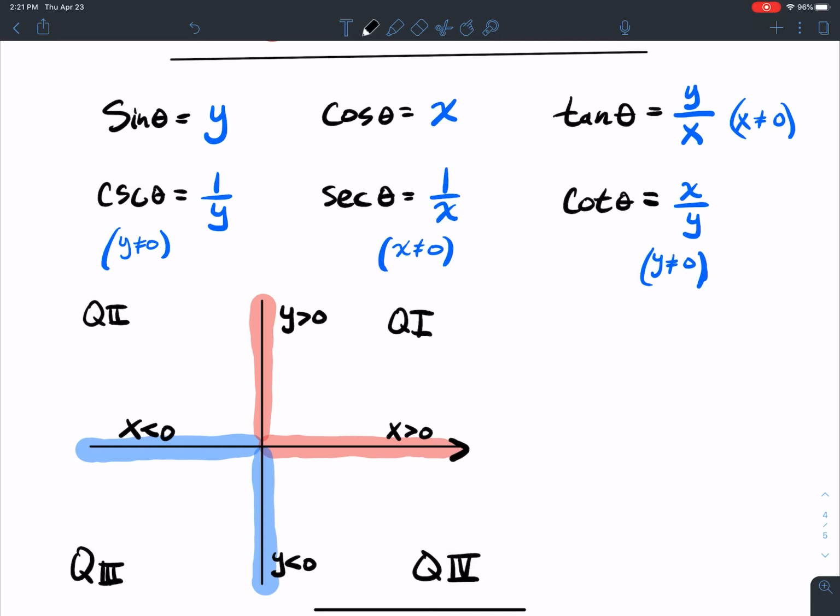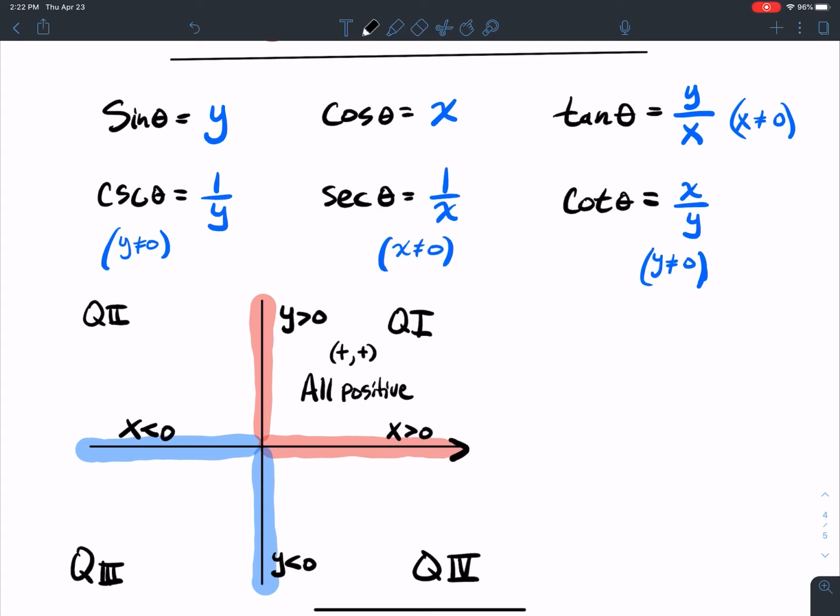Okay, so in Q1, both are positive. Both the x and the y value are positive. So we have all functions positive. Okay, so all are positive here. All 6 are positive. All right.